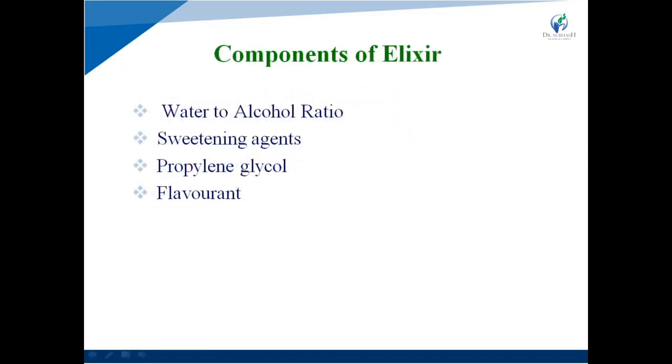Components of elixir. First one is the water to alcohol ratio. In this case, the proportion of alcohol in elixir varies widely because the individual components of elixir have different water and alcohol solubility characteristics.